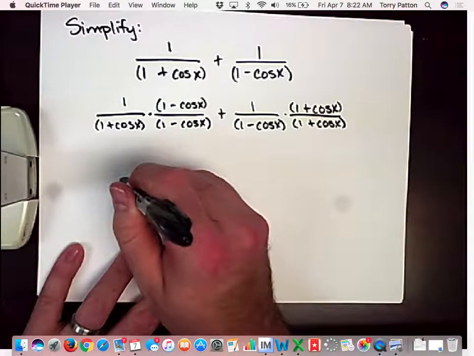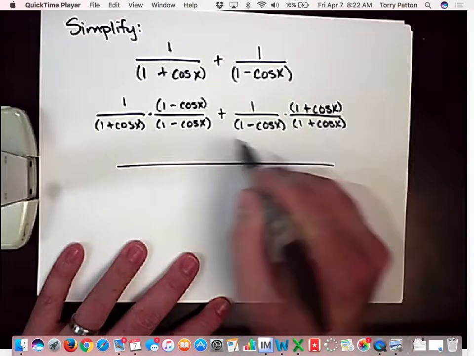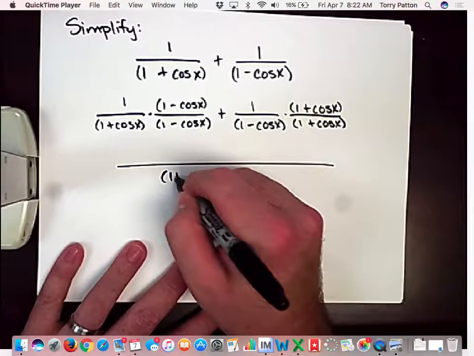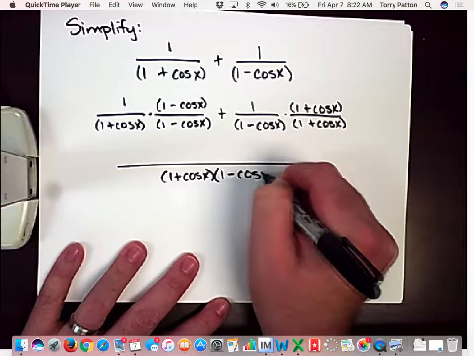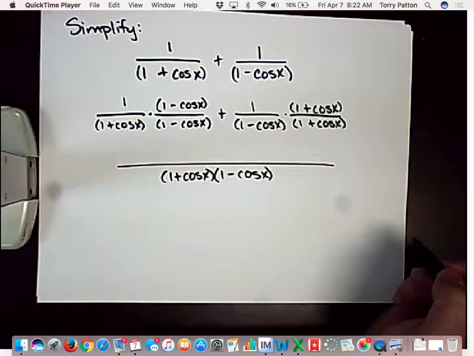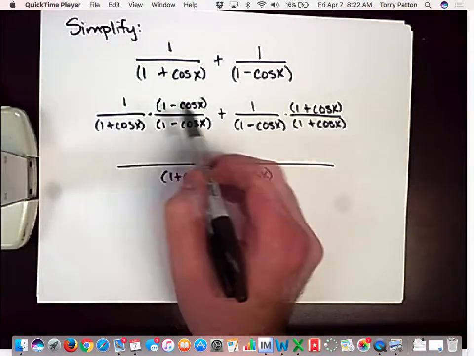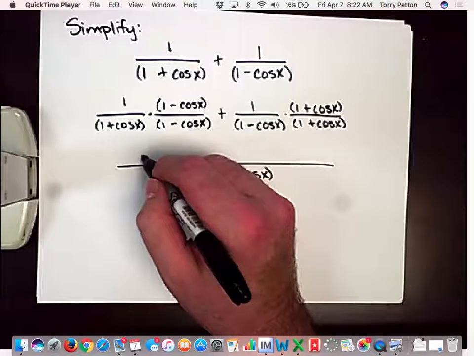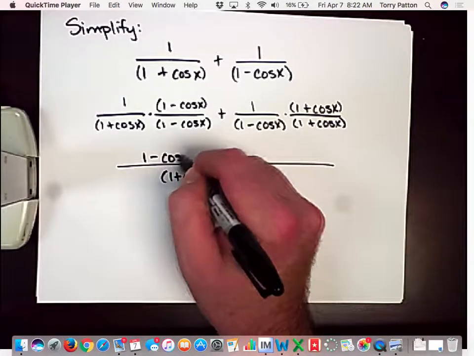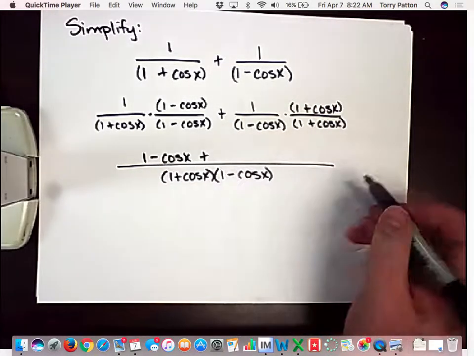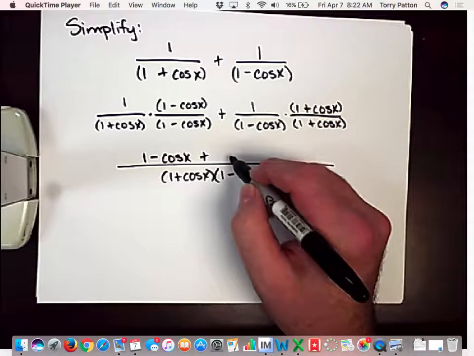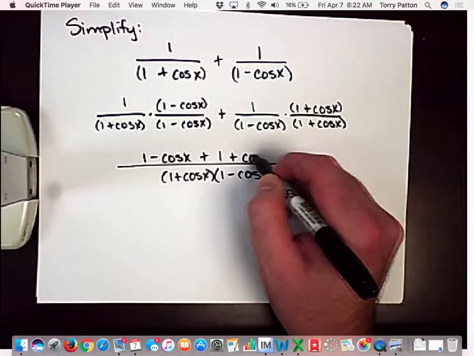Okay, so the common denominator then is 1 plus cosine x, 1 minus cosine x. 1 times 1 minus cosine x is 1 minus cosine x, right? Plus 1 times 1 plus cosine x is 1 plus cosine x.